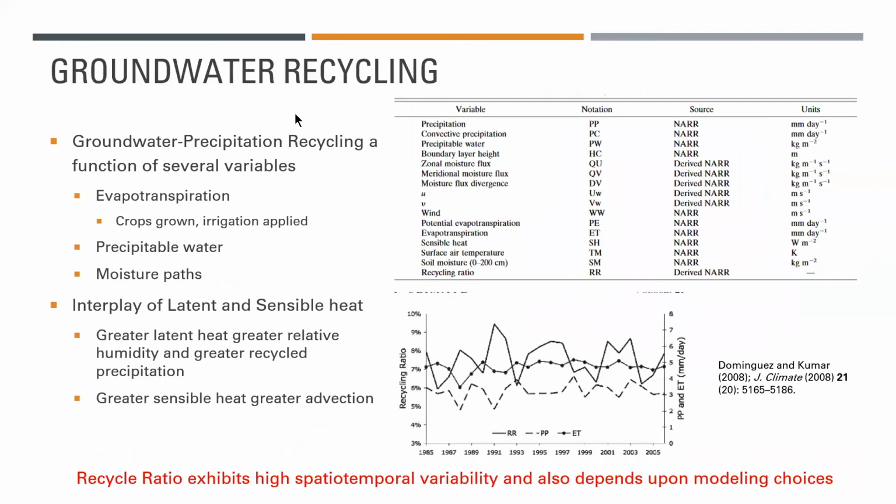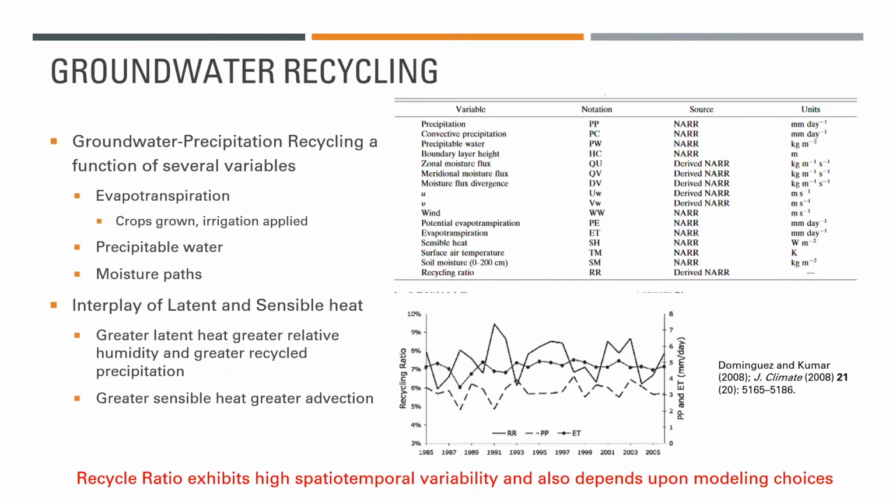Again, a lot of this shows quite a bit of seasonal variability, temporal variability, and in terms of physics, it's a question of how much heat there is that causes a change of phase, which is the latent heat, vis-a-vis the sensible heat, which increases the temperature of your atmosphere but doesn't quite change the phase.